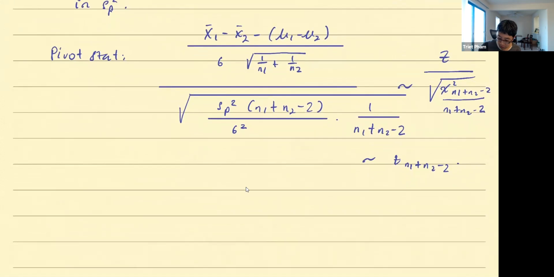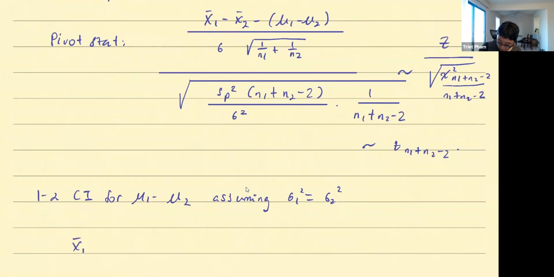So the 1 minus alpha confidence interval for mu1 minus mu2, again assuming sigma 1 square equals sigma 2 square equals sigma square. I mean, we don't need that because it doesn't show up explicitly.